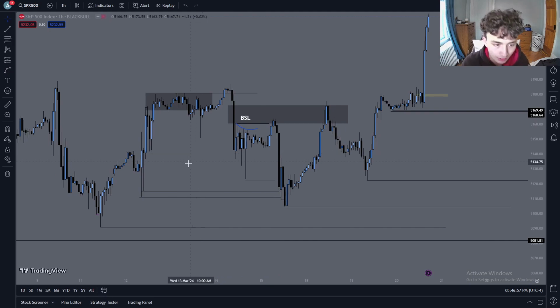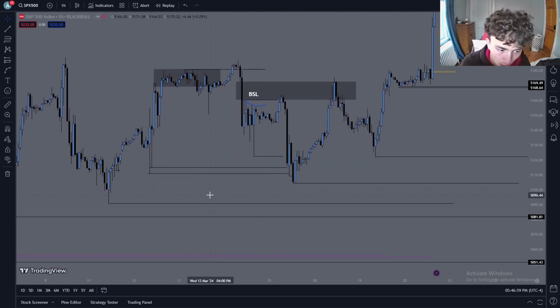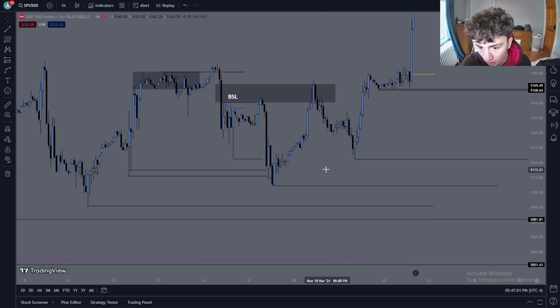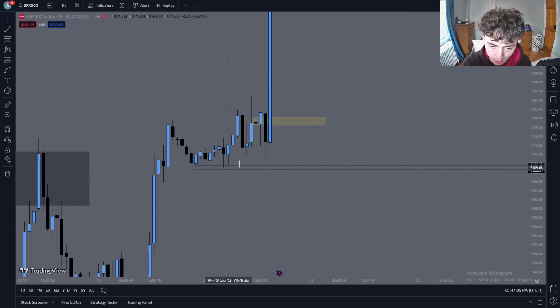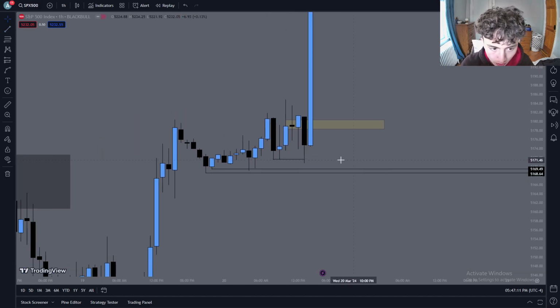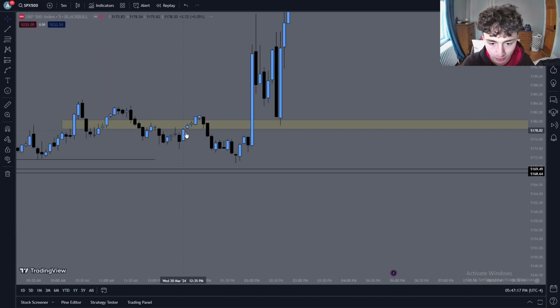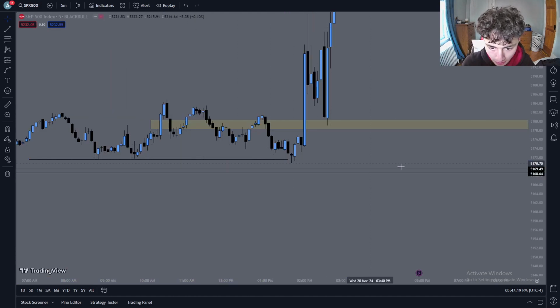You have to look at these very specific lows in order to target them. Like today, that was a clear target because, for example, these are relatively equal. This is what I wanted to target. And that's what I targeted. That's what ended up actually getting hit.